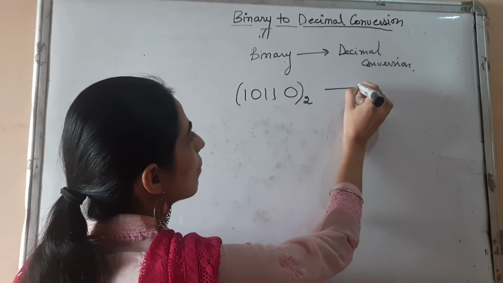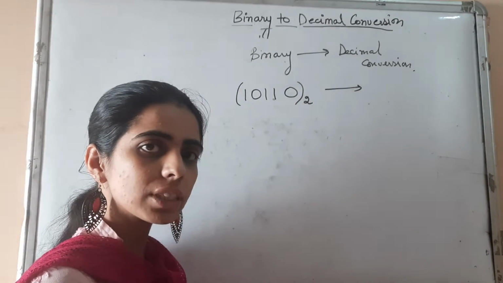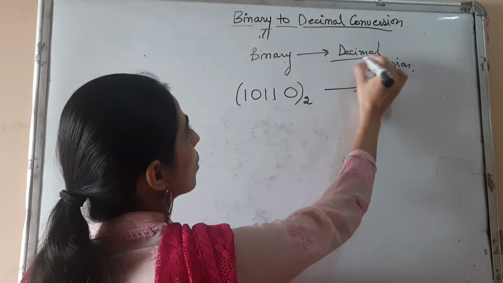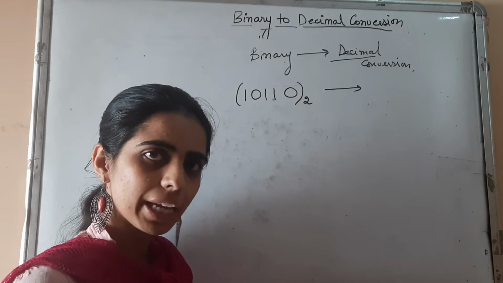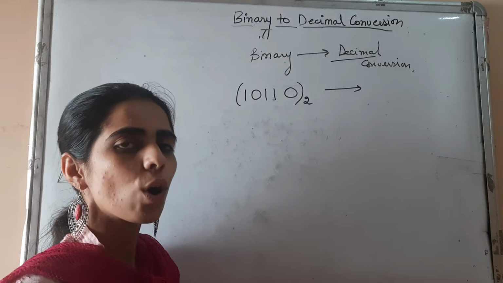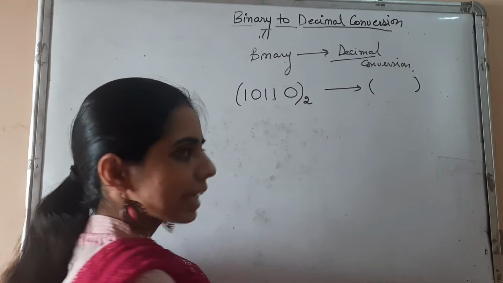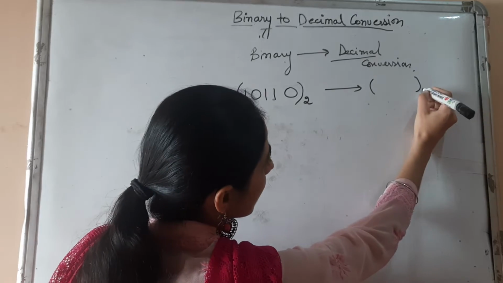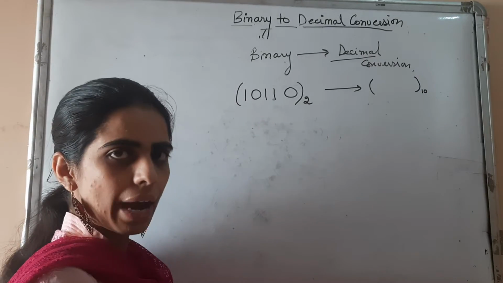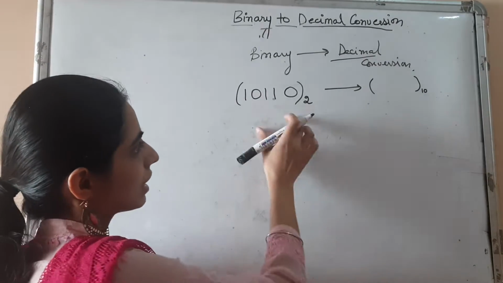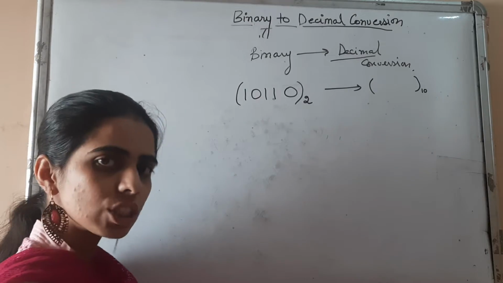And now I have to convert it into which number system, children? I have to convert it into decimal, which has a base of 10, right? So here, whatever we will get, we will write a small 10 beside this bracket. Clear? Just like this we will convert, and let's see the procedure for conversion.